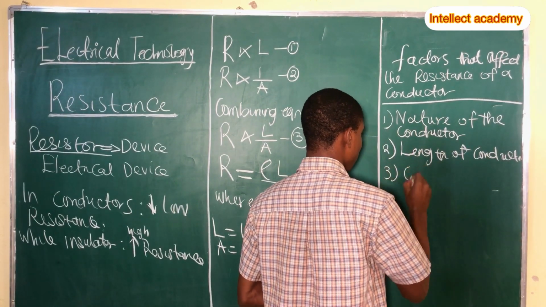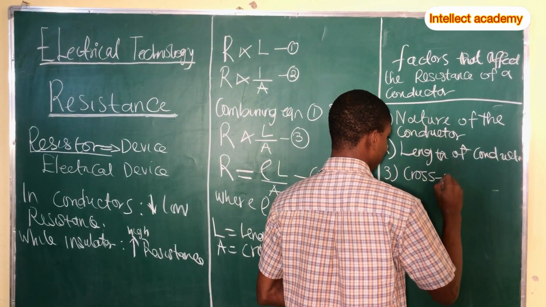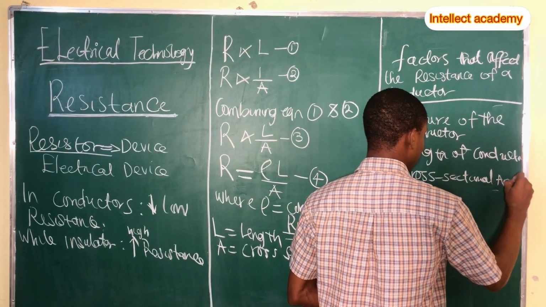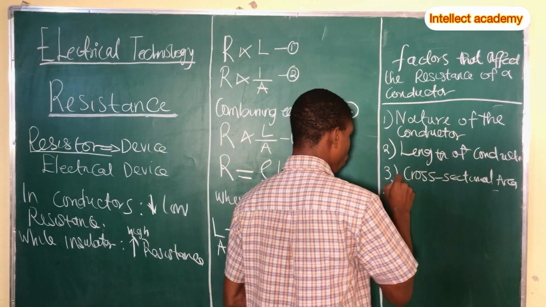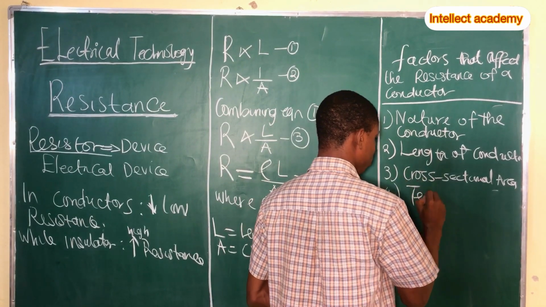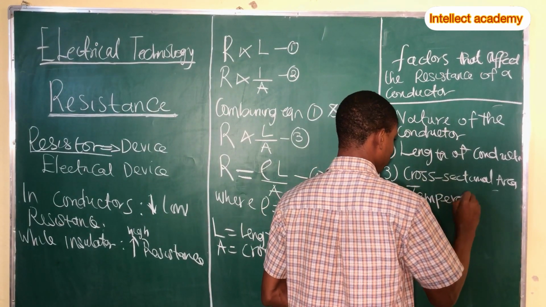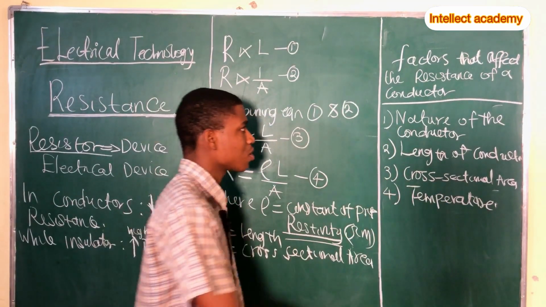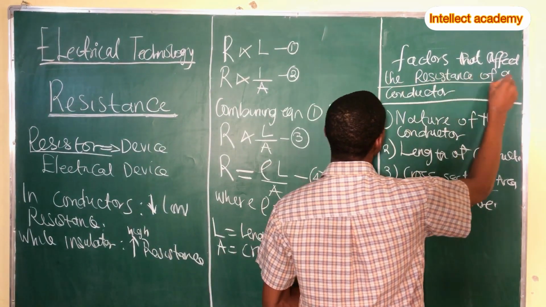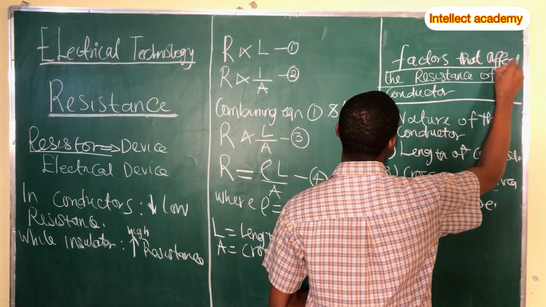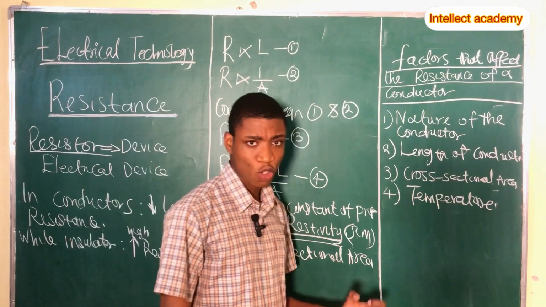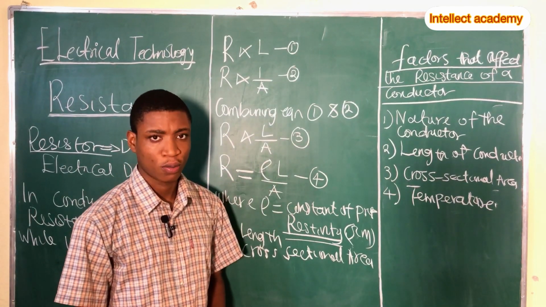Three, we have the cross-sectional area. Four, we have temperature. So these are the factors that affect and determine the resistance of the conductor.